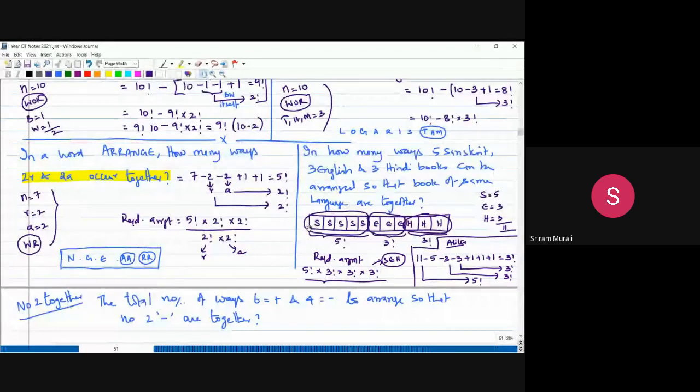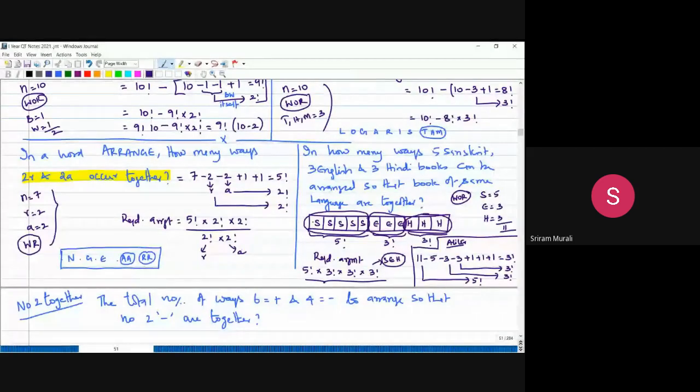You first take all the 5 Sanskrit books. The Sanskrit books don't have any copies. Had they been copies, then it would be with repetition. So this is a problem without repetition. We are arranging the 5 Sanskrit books together because it says the same language together. What are the same languages? Sanskrit, English, Hindi.